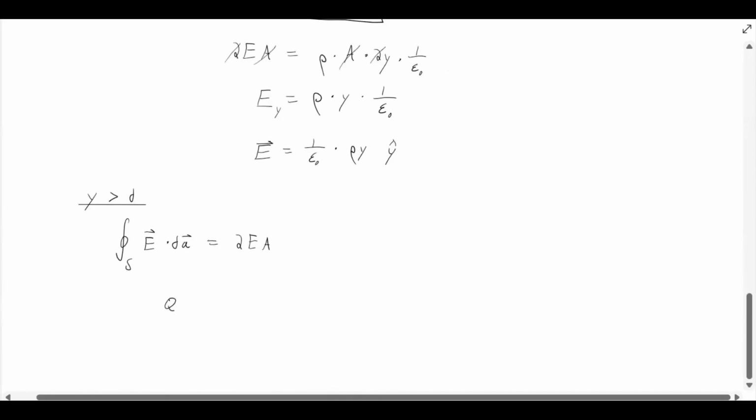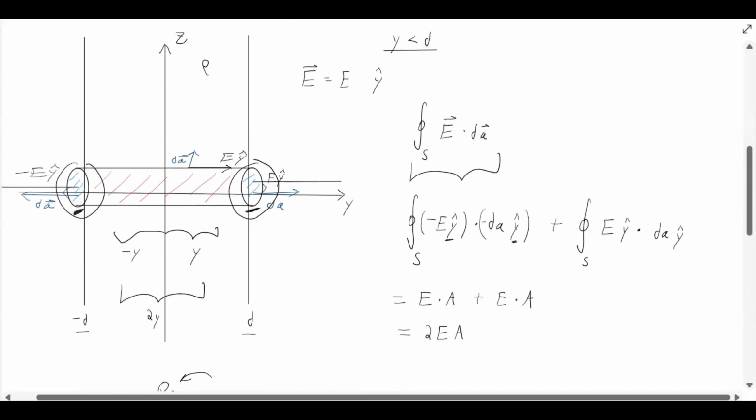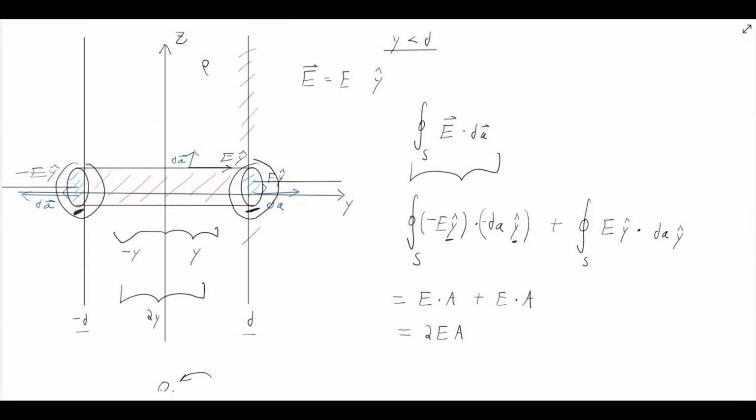But for the right-hand side, Q enclosed, no matter how far we stretch this pillbox, the charge only exists within the slab, from negative d to d. So we have a restriction that no matter how far we extend this pillbox, the charge needs to come from the infinite slab.